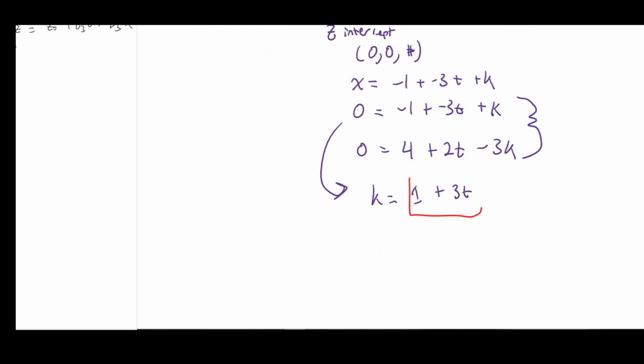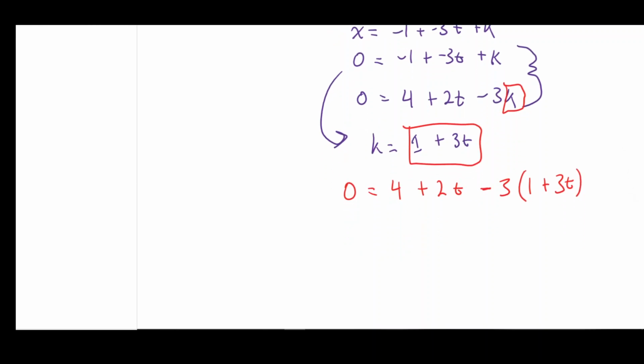I'm going to get 0 equals 4 plus 2t minus 3 times (1 plus 3t), and I'm going to get 0 equals 4 plus 2t minus 3 minus 9t.